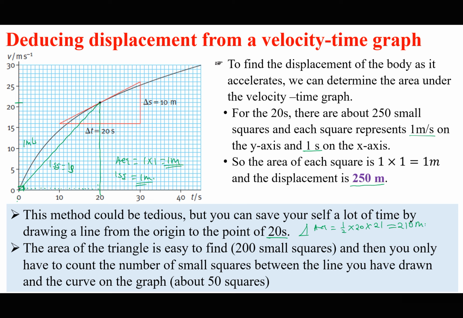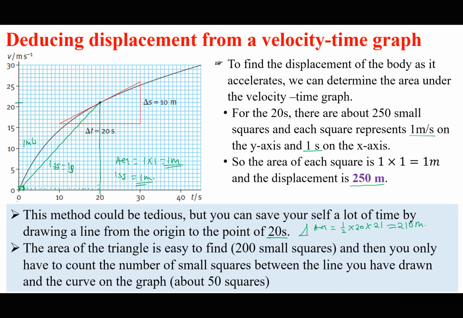So it means I now remain with very few small squares to count. The area of the triangle is easy to find, and then you only count the number of squares between the line you have drawn and the curve. So it now becomes easier for me to count. Let me try to count the full squares first.